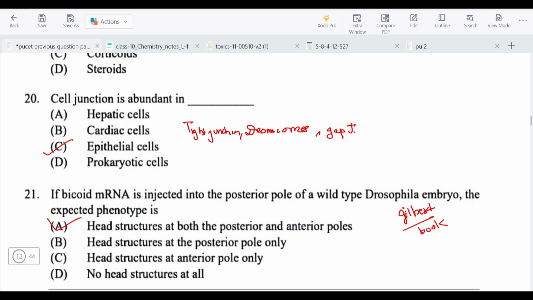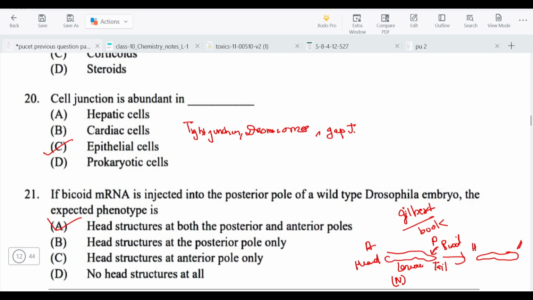Normally the larva has a head at the anterior end and a tail at the posterior end. If we inject bicoid mRNA at the posterior pole, there will be head structures at both anterior and posterior ends.